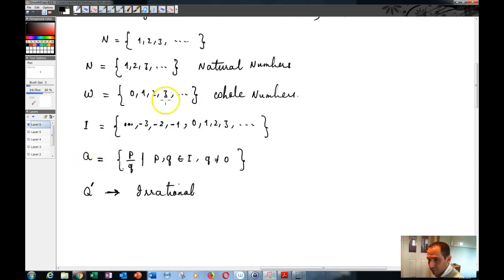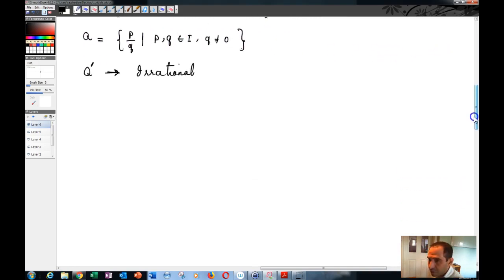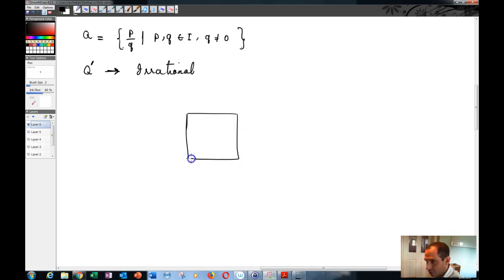In order to simplify things, you can think of this as all the numbers that we know so far. We have a set over here, which is Q, the set of rational numbers, and then we have another set Q prime or Q dash, the set of irrational numbers.